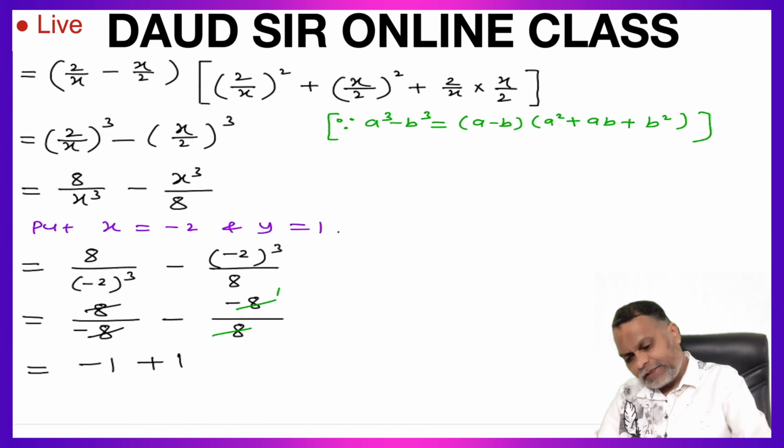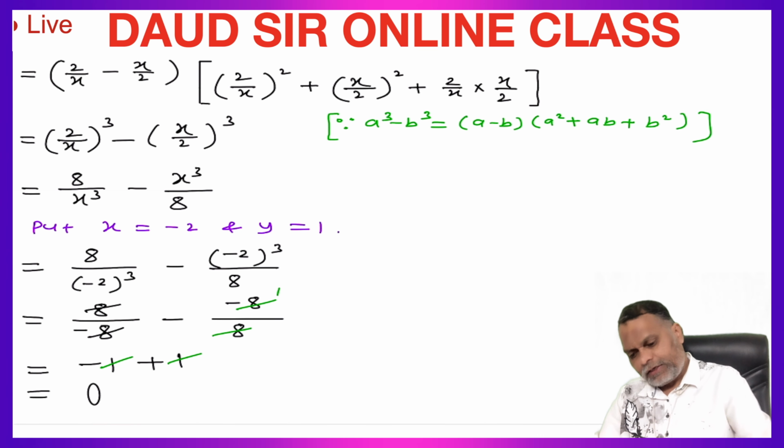Minus 1 plus 1 cancelled, so finally we have got the value is 0. This is the required value of given.